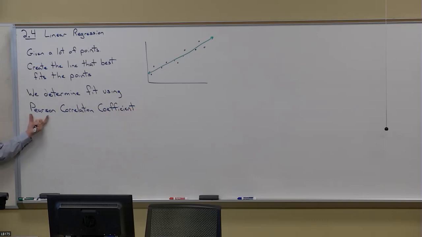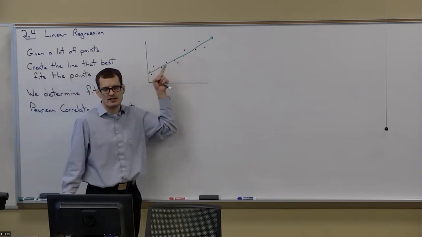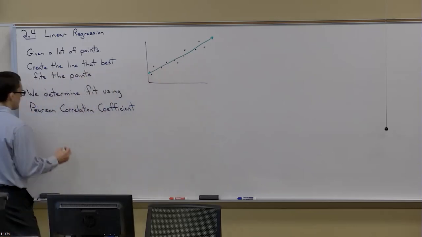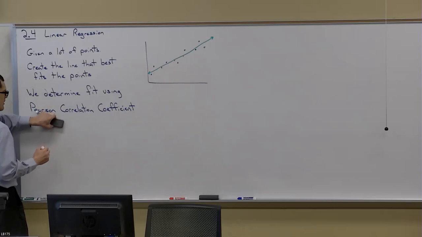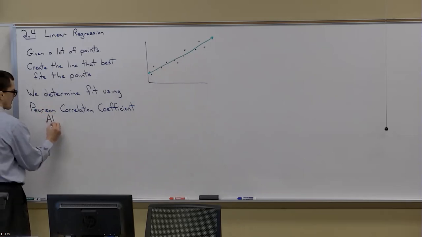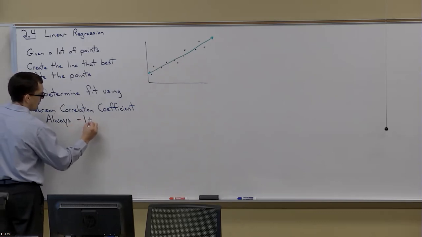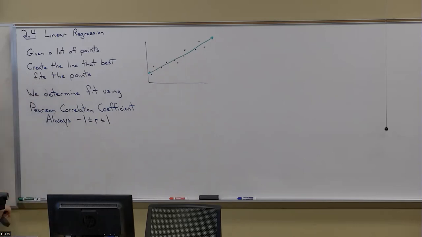Pearson is just the last name of a person, a mathematician. And a Pearson correlation coefficient is the correlation coefficient of a straight line. It's always going to be between, write that down, -1 and +1.